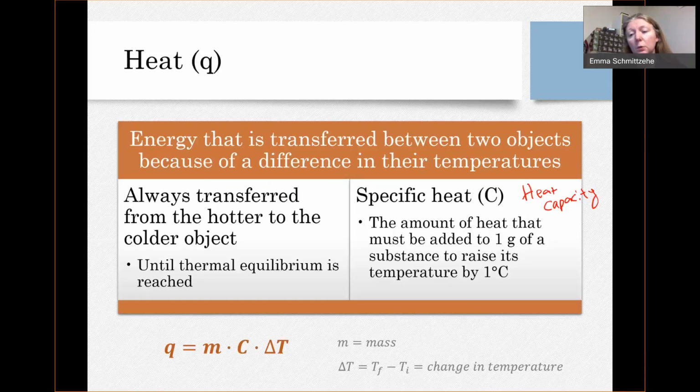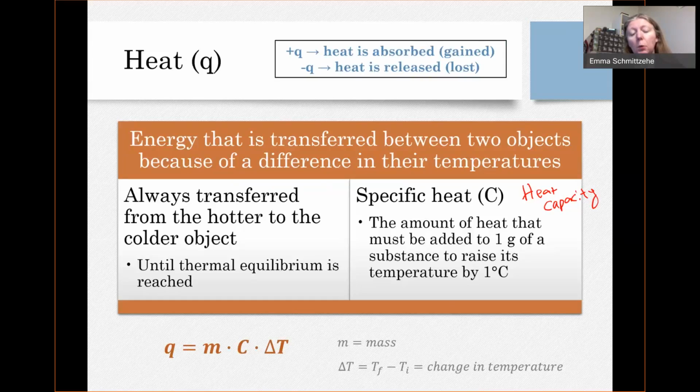Their units will be usually something like joules per gram degrees C. Sometimes you'll also see it written as joules per gram Kelvin. And it doesn't matter if they say it's per degree C or per Kelvin, those would be equivalent values because it's related to a change in temperature.